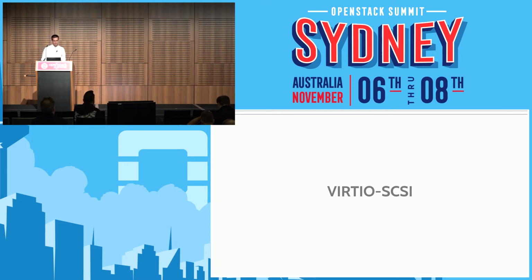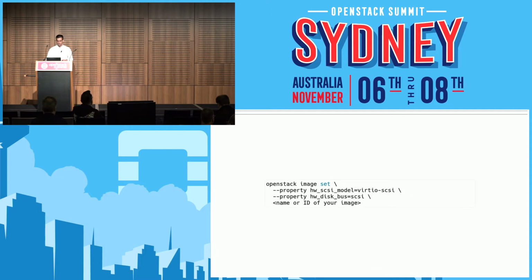Thankfully, there is an alternative VirtIO disk driver that does support discard with RBD, and that's the paravirtualized VirtIO SCSI controller, VirtIO SCSI. Enabling that controller is something that you do by setting a couple of Glance image properties, namely hw_scsi_model and hw_disk_bus. This is how you do that on an OpenStack image. You just do openstack image set. There are these two properties, hw_scsi_model and hw_disk_bus.